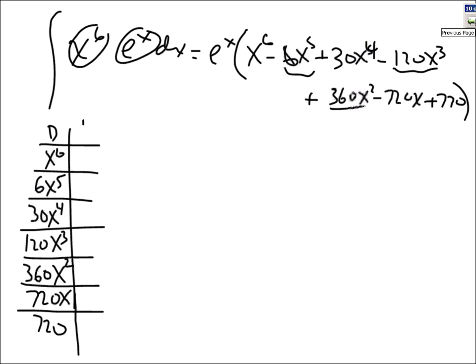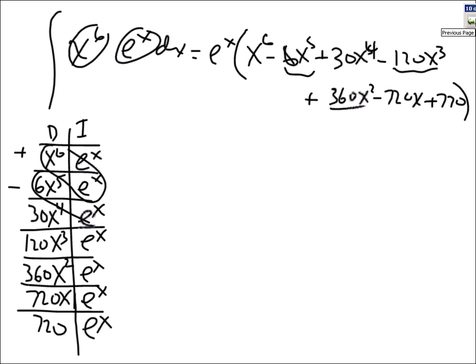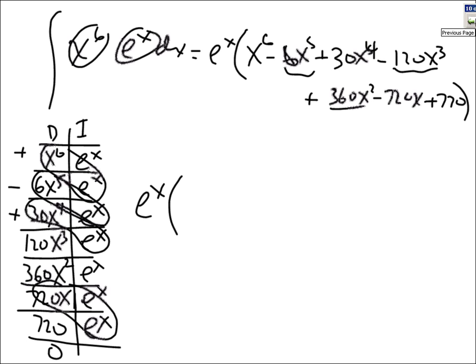That's that. This we integrate, which is always e to the x. So always e to the x. And then it's positive this product minus this product plus that product, etc. But clearly, they're all going to have e to the x.